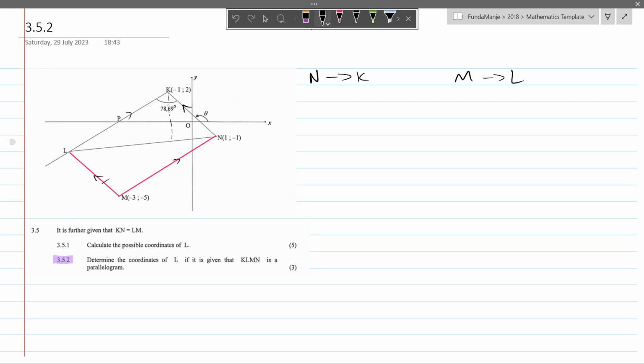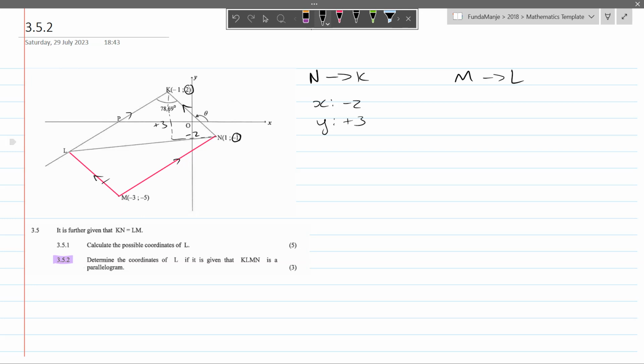From 1 to -1, that's subtracting 2. And then for the Y value, we're moving from a Y value of -1 to a Y value of 2. That means we are adding 3. So for the X it's -2, for the Y it's +3.